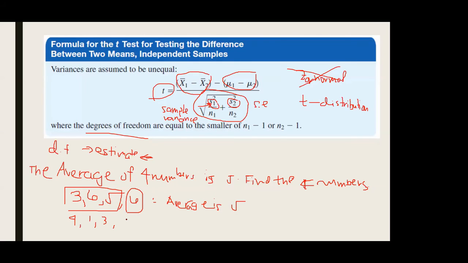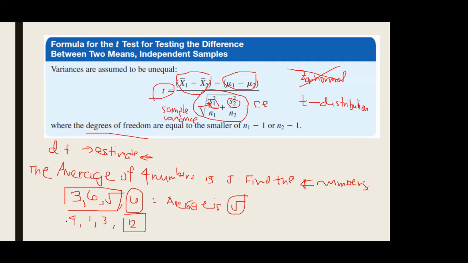Kasi nga, hindi natin pwede na mag-vary pa siya. Isa lang talaga ang pwede na value na malagay natin dito such that ang average ay 5. What is that value? It is 20 minus the sum, or that is 12, right? Hindi siya pwede 13, 1, or what? It's 12.